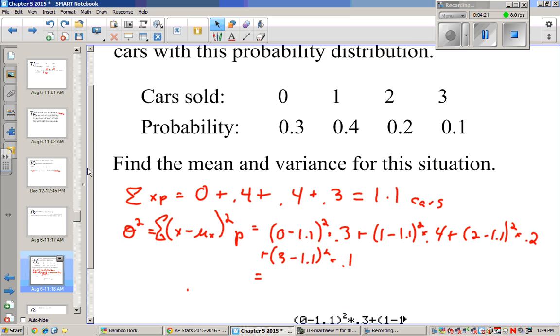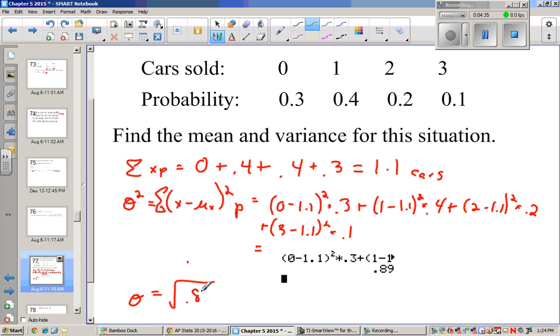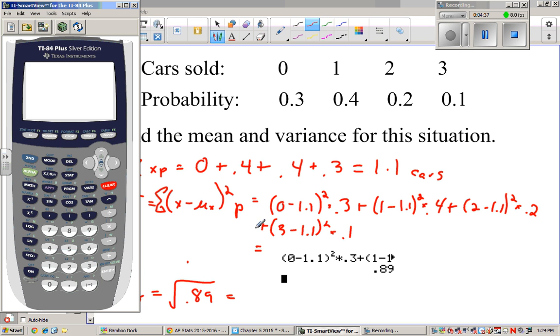All right, so if you plug that in your calculator, you should get 0.89 for variance. So now if we want to find our standard deviation, what we do is we square root 0.89, and we should get a value which is 0.943.